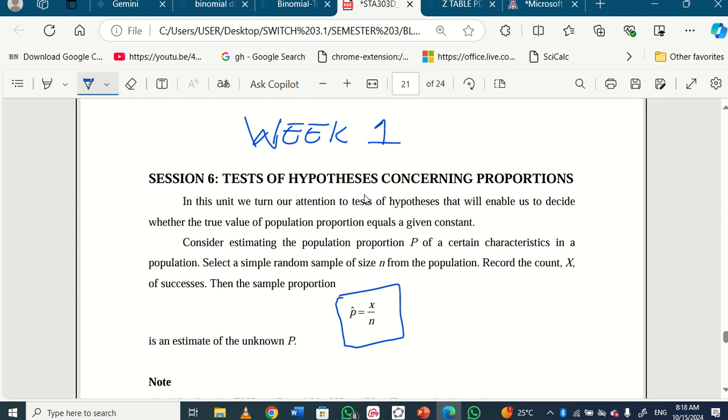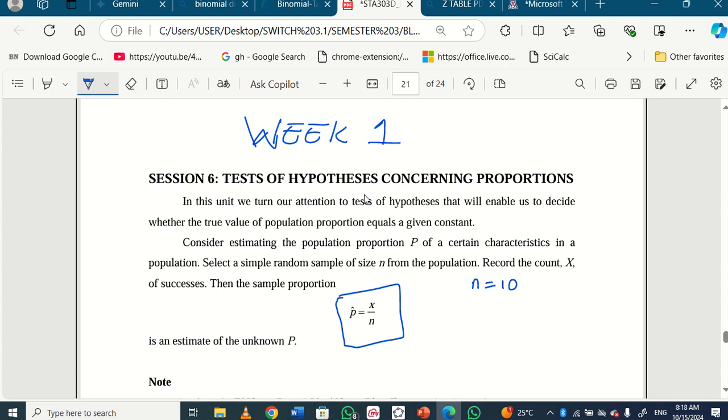Now, when we say proportion, let me just give an example. Let's say 10 students from UCC were sampled to share their view. So it means that n is going to be 10. 10 students have been sampled to share their view if UCC should be awarded the best school in Africa.